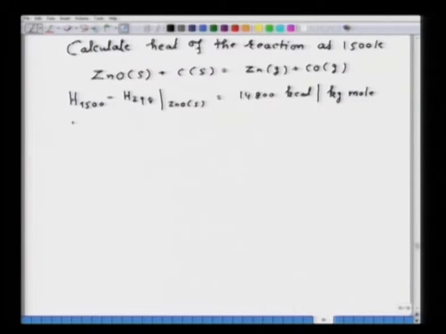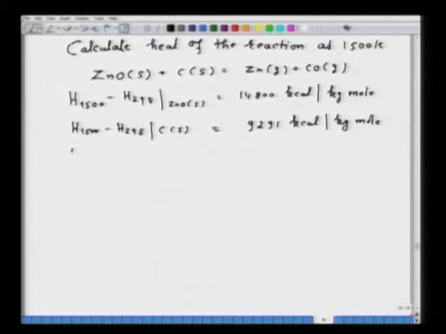For carbon, H 1500 minus H 298, carbon which is solid, is equal to 9291 kilocalorie per kg mole.